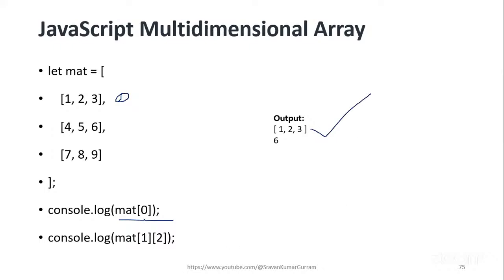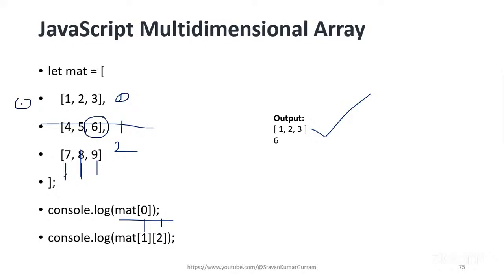Take [1][2]: first row, second column. So this becomes the first row, and columns mean 0, 1, 2, so the second column. 1 is the row, and 2 is the column. So finally, 6 is the value.